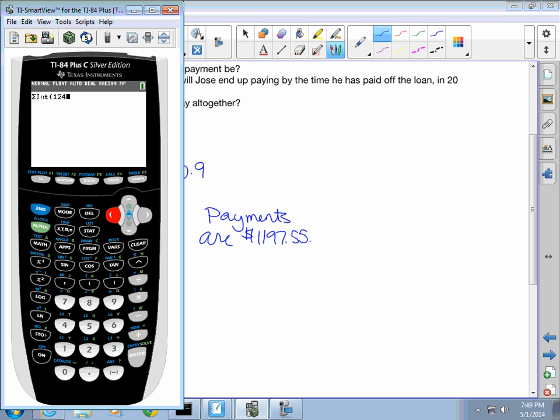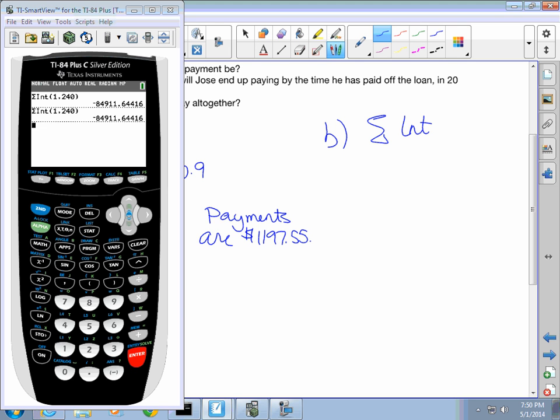Oops, my comma didn't go in there, comma 240. So that's how many months there are. Enter. So the interest is $84,911.64. So C says, how much will he pay altogether?